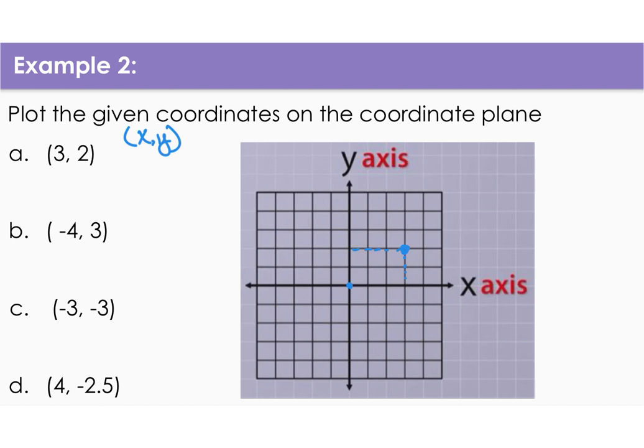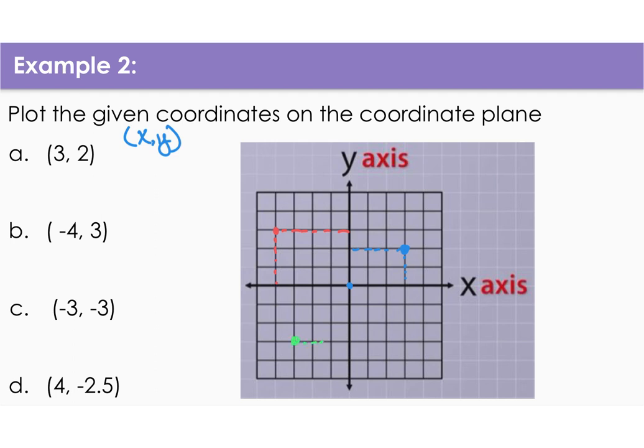(-4, 3). So that means I'm going to go to negative 4 and to 3 on the Y. So if you look, I'm at negative 4 and 3. (-3, -3).